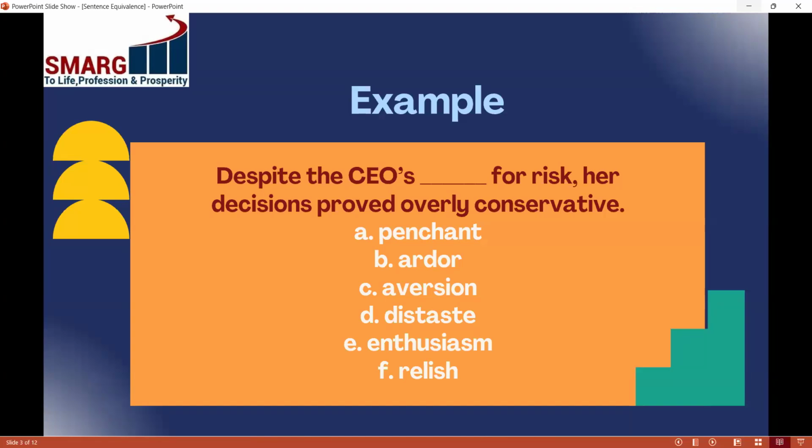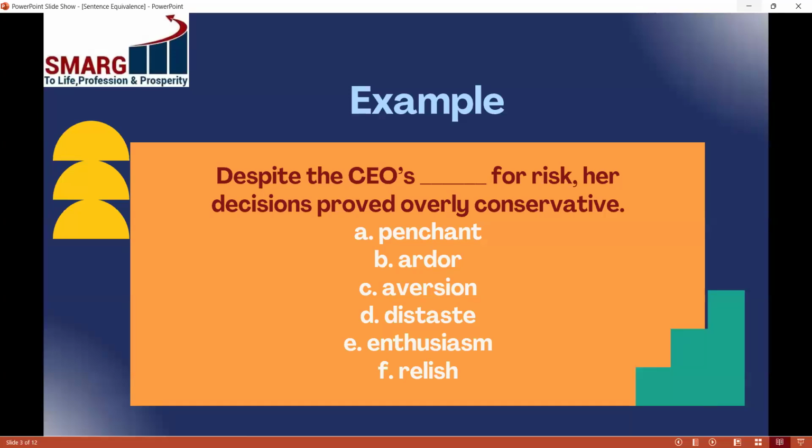Tangent, relish, and then we also have enthusiasm. So, yes, enthusiasm is a far-fetched synonym, but enthusiasm is more related to excitement, not enjoyment. So, can you see how the meanings have diverged? Excitement versus enjoyment. It's a very thin line.